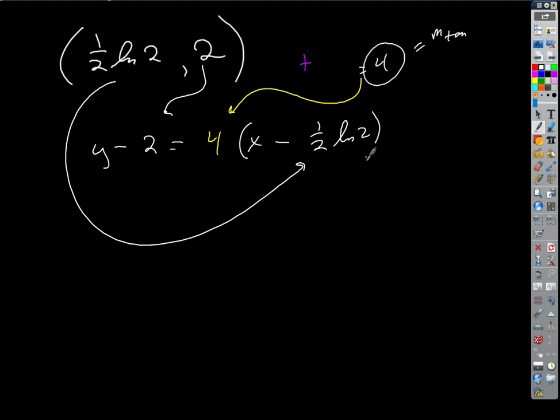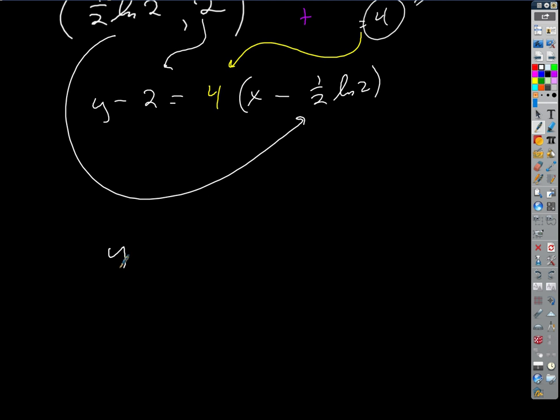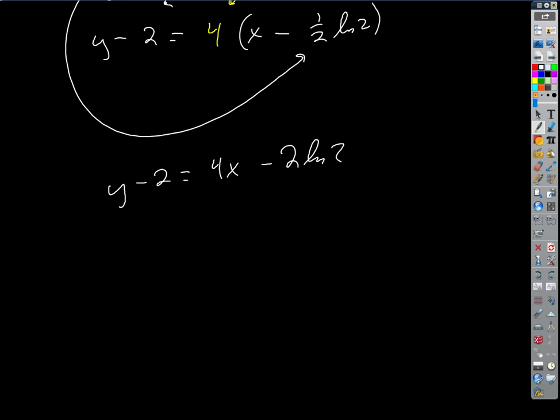Y minus y1 equals m times quantity x minus x1. Right? Now I just have to simplify. Distribute the 4. So I'm going to get 2 log 2, just add 2 to both sides and you're done. I mean, really, that's fine.